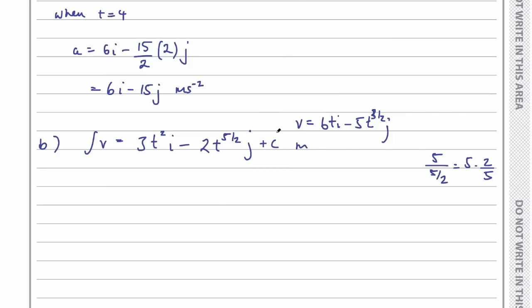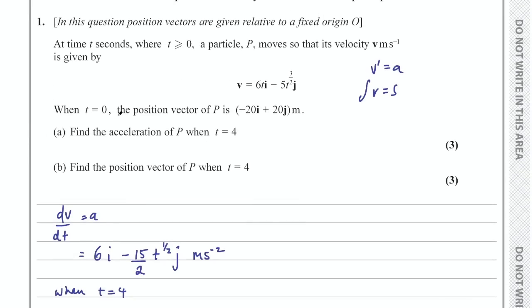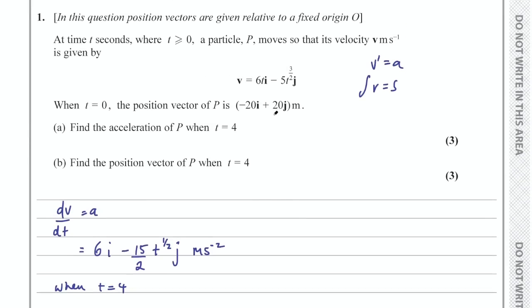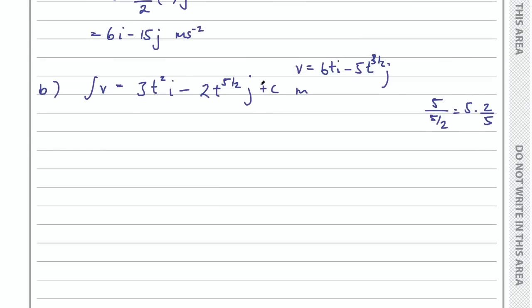Now that constant is going to be our position when t equals 0. And they actually tell us that in the question, remember? So they tell us when t equals 0, the position of P is negative 20i plus 20j. That is giving us this constant, right? So we're saying this equals s. So let's write the full thing out.